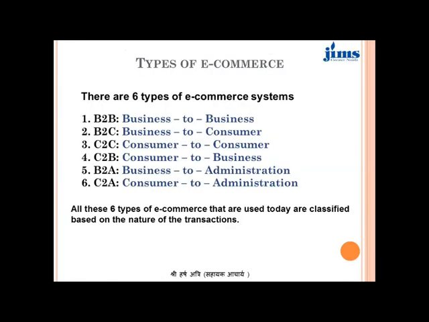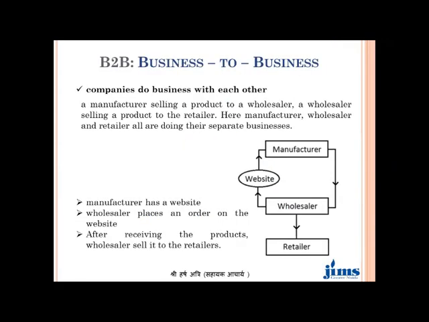Types of e-commerce. There are 6 types of e-commerce systems: business to business, business to consumer, consumer to consumer, consumer to business, business to administration, and consumer to administration. Let's understand all these 6 one by one. First, business to business. Companies do business with each other.